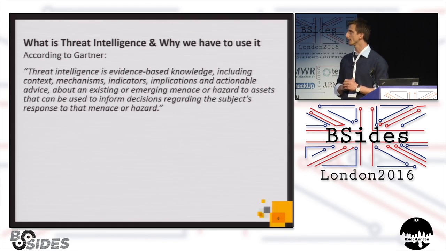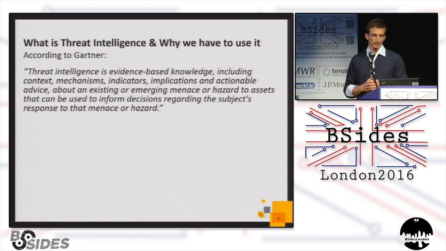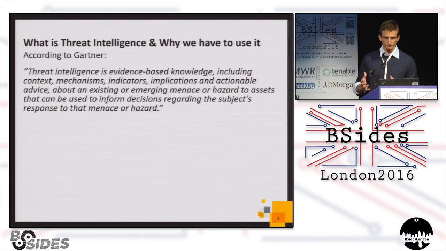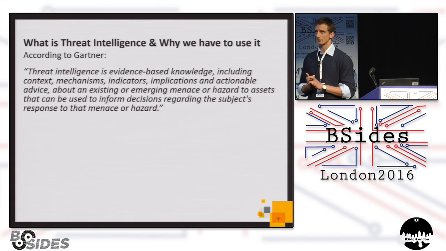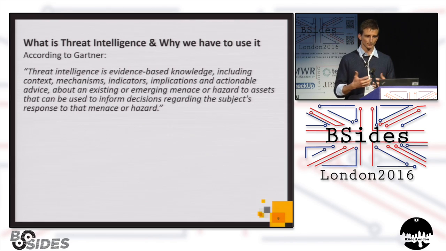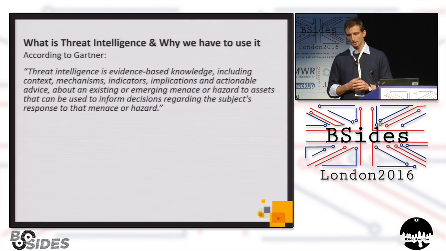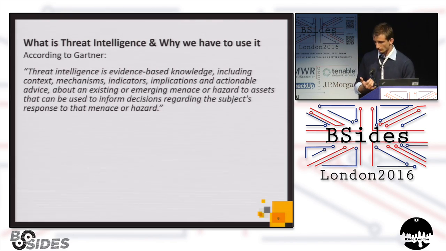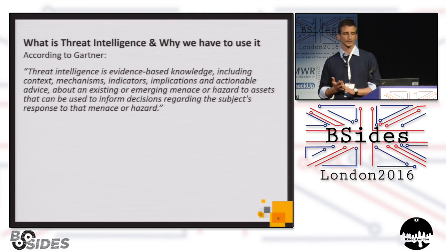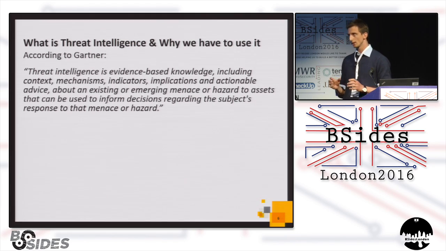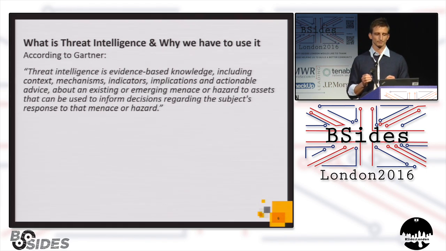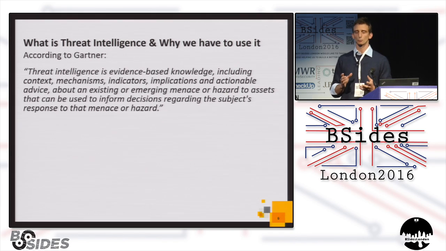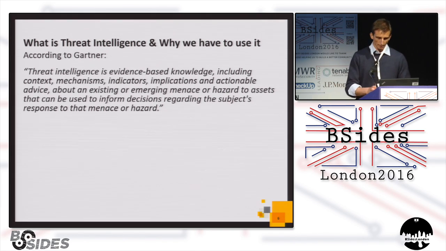According to Gartner, threat intelligence is basically the information, including context, mechanisms, and indicators about a specific threat, a new threat or even an old threat. With this information, if you can link it together, you can actually profile the threat and you can try to proactively protect your network.